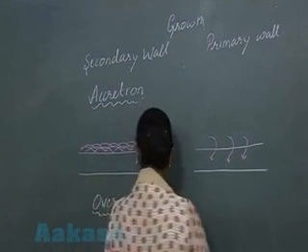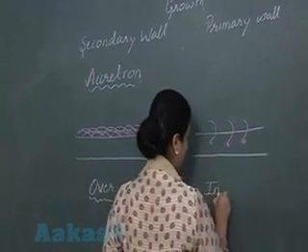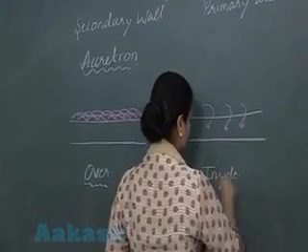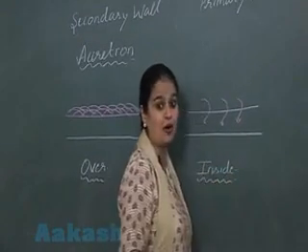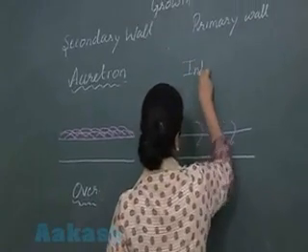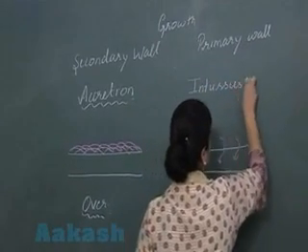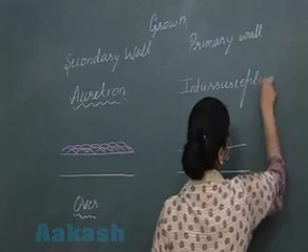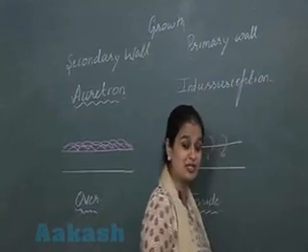So when the new material is added within, inside the pre-existing wall, then this type of the growth is known as intussusception type of growth. So this is very much clear.